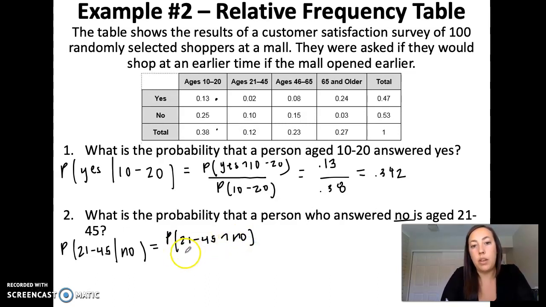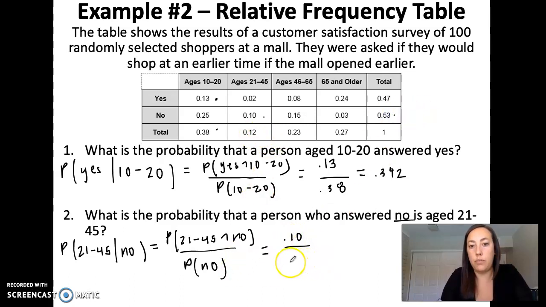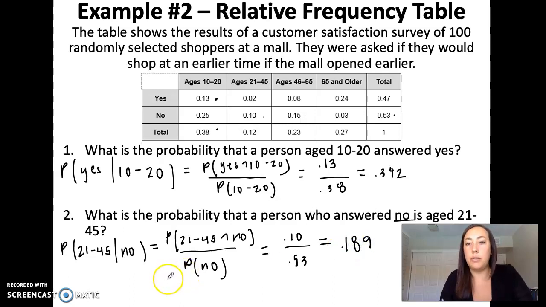On bottom, the probability that they answered no is 0.53. We divide those two in our calculator and get 0.189, so an 18.9% chance that someone is aged 21 to 45 given they answered no.